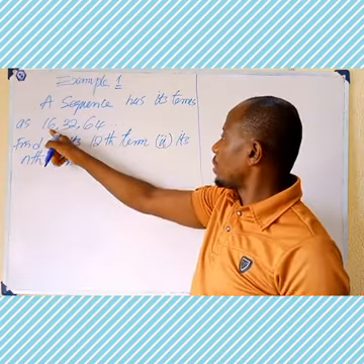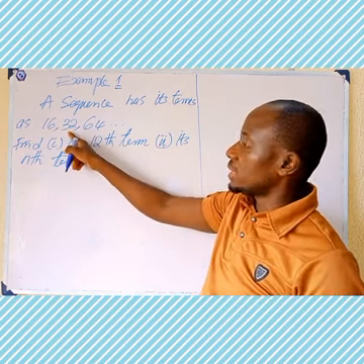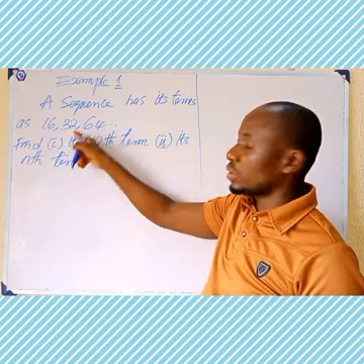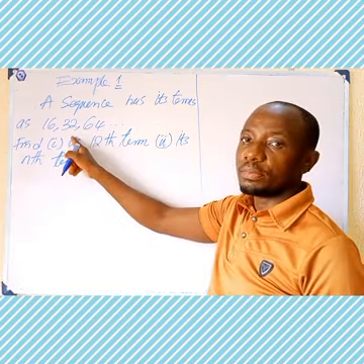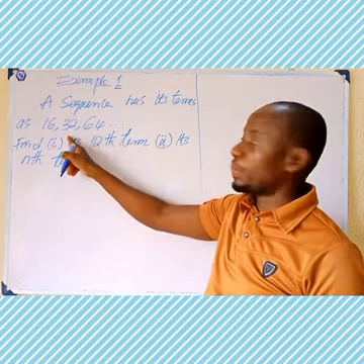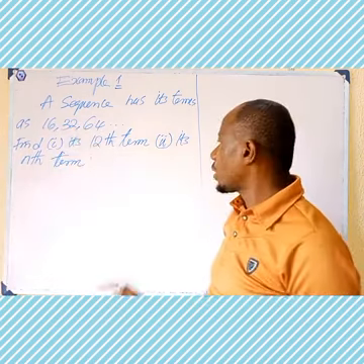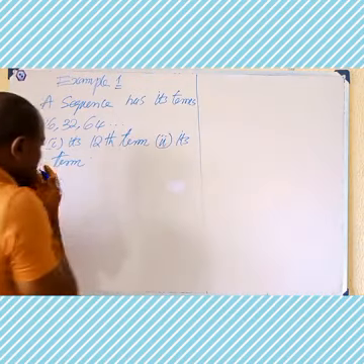If I add 2 to this number, I will not get this. If I subtract 2 here, I will still not get this. So this is not an AP problem. But if I multiply this number by 2, I will get this. If I divide by 2, I will get this. So this is a geometric progression problem. Okay, quickly, let's look at the solution.